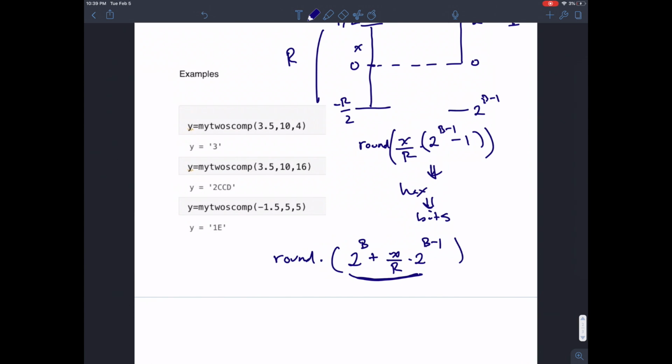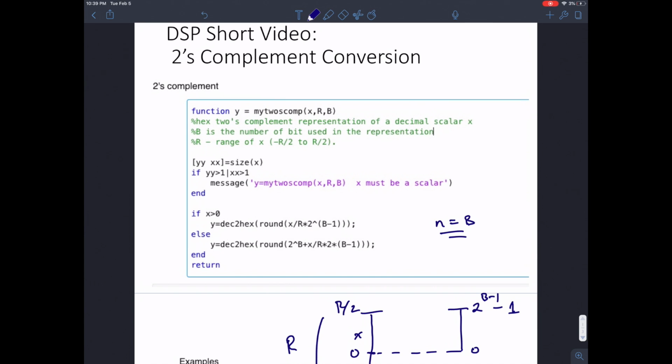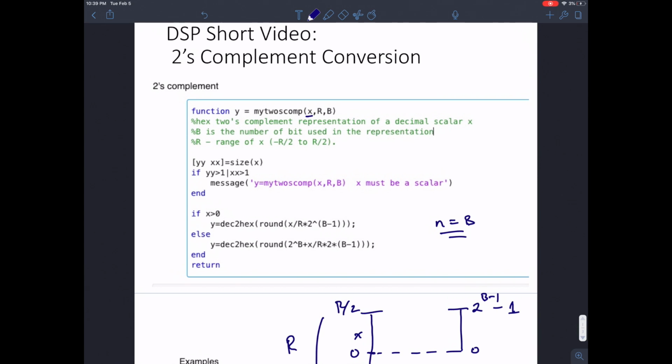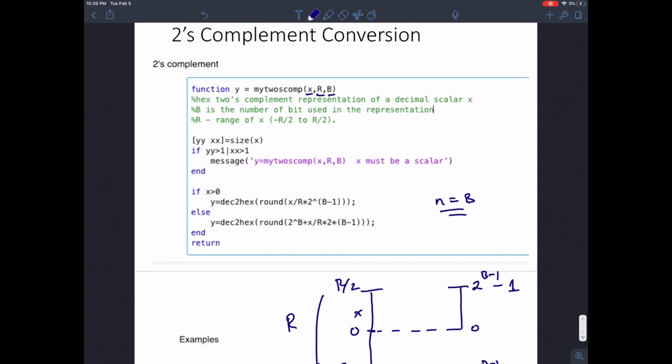You can try that on your own. I've given some examples. I wrote some MATLAB code. Here's the MATLAB code. I'm looking at an input vector x. I have a scale r and a number of bits in the 2's complement representation denoted by b. The code first of all only works for scalars.